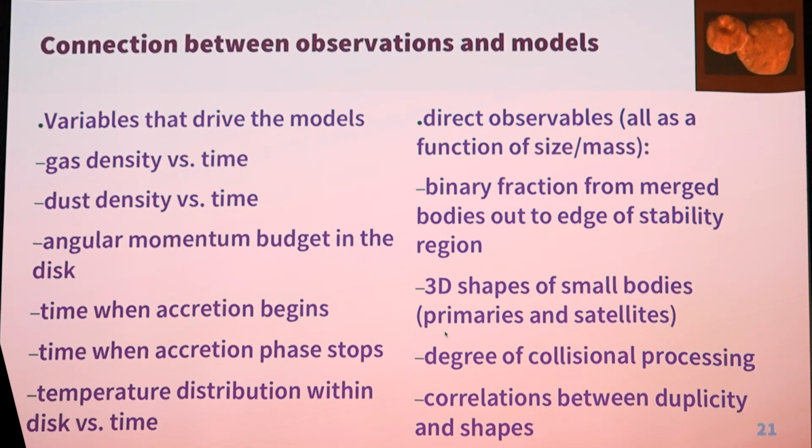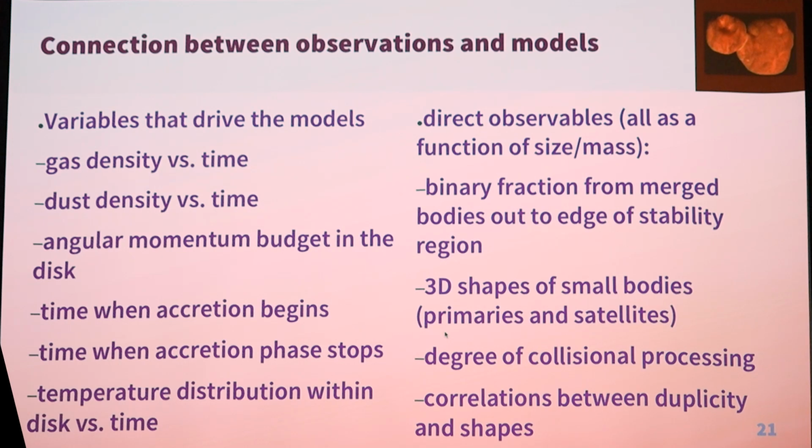On the left, what I have is what's important to the modeling. And on the right is what we have that we can use the occultation data to constrain the calculations that come from modeling what's going on in the early solar system.